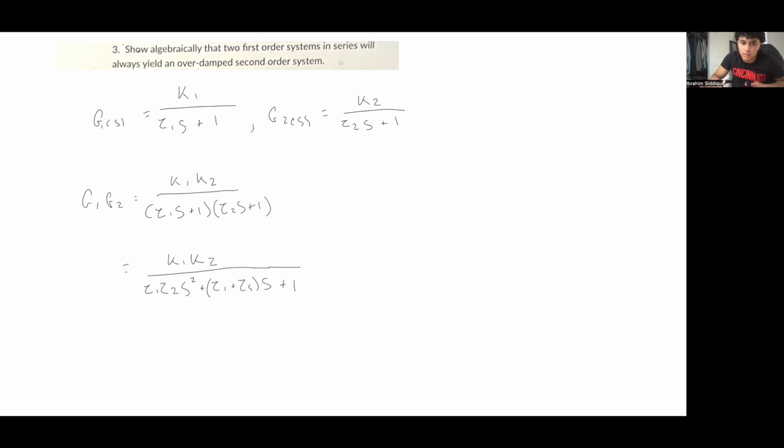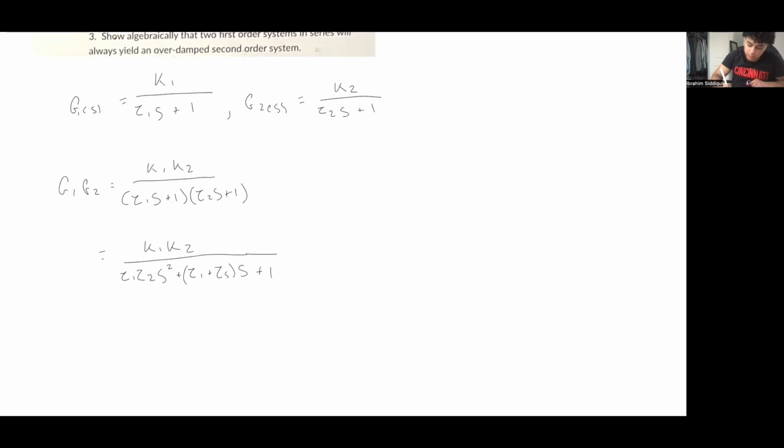Some things to deduce from this: as you can see, the bottom looks similar to something we've learned in the past. At first hand you probably wouldn't notice, but that bottom fraction follows a basic quadratic form. That quadratic, for example, is a x squared plus b x plus c.